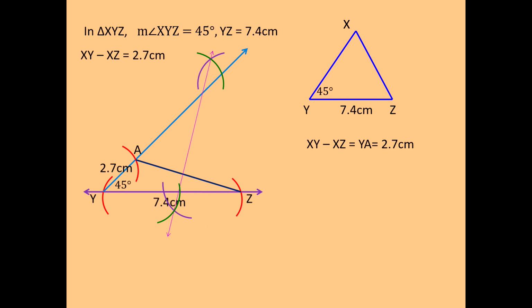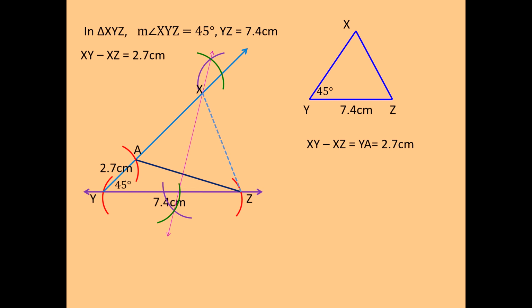Got it? That will intersect the angle-formed line, that is YA, at a point which is known as X point, and that X point we will join with Z. So we got our triangle XYZ, what was required.